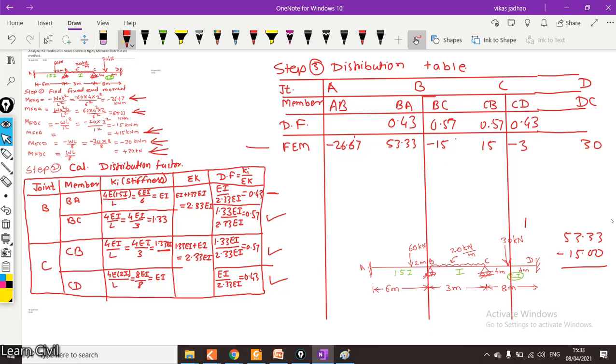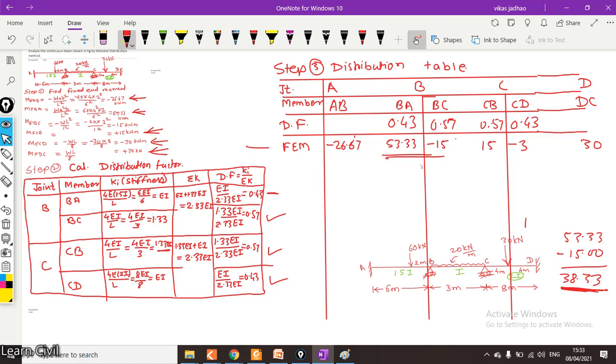So the difference here will be 53.33 minus 15, which is equal to plus 38.33 kilonewton meter. This much amount of unbalanced moment is here at this joint B.